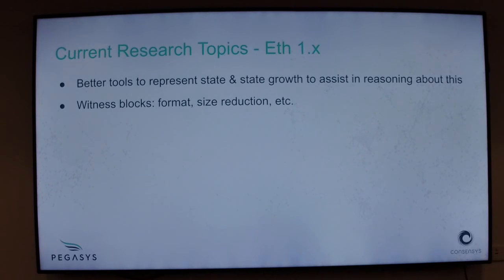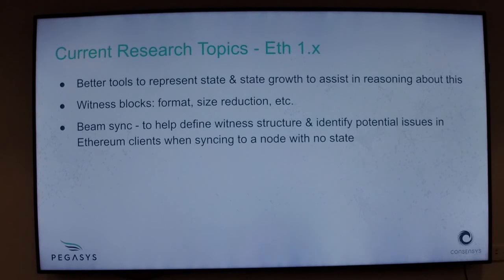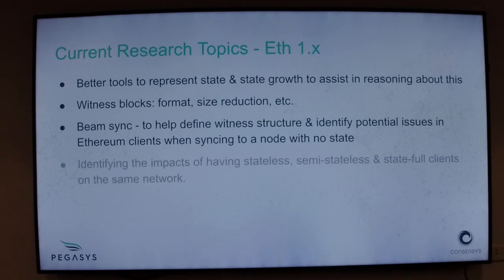The other important topic is witness blocks: looking at the format of this block, what exactly it should look like, what additional fields it should include, the size reduction, and beam sync that I mentioned a little while ago. The idea of beam sync is it will help us to define the witness structure.